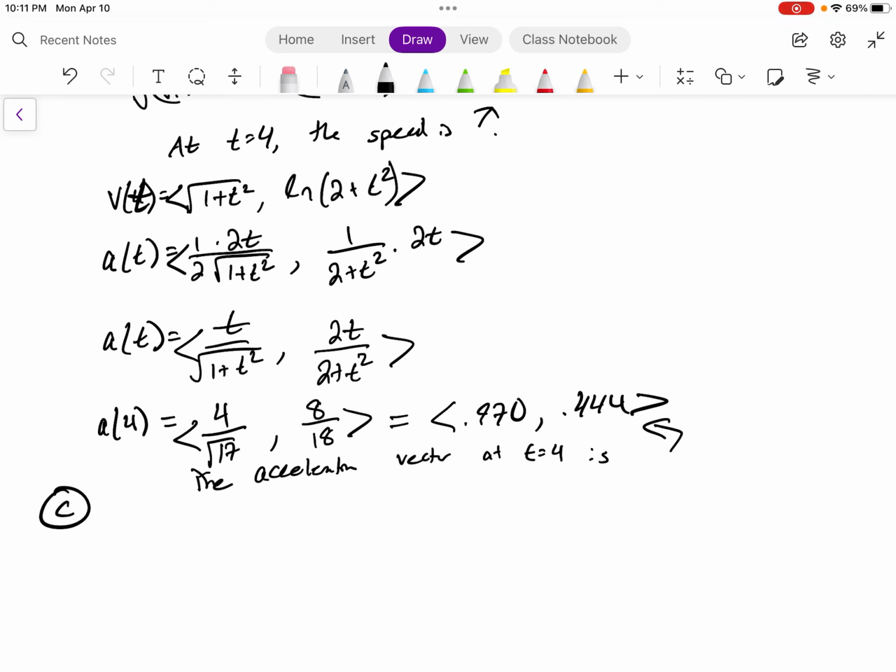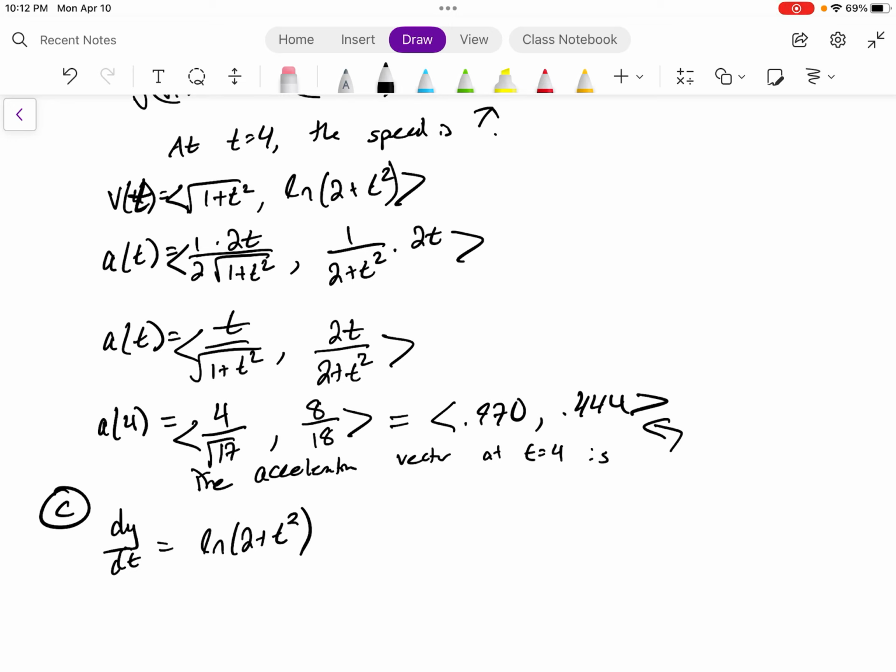Okay, so part C, find the y-coordinate of the particle's position at time t equals 6. Okay, so we're looking at position, and again, we want to remind ourselves dy dt was ln of 2 plus t squared, okay? So when we think about where I was in the y direction, if we only think about the y direction, and we know where we were at 4, right?